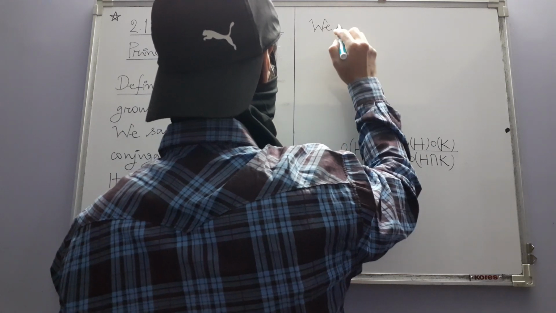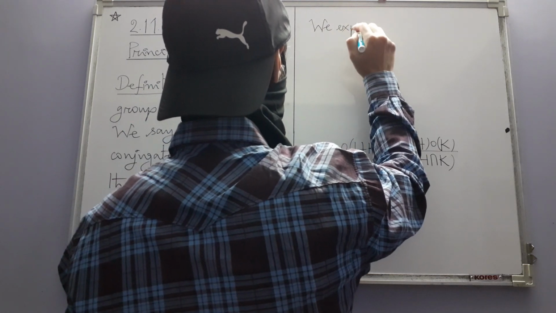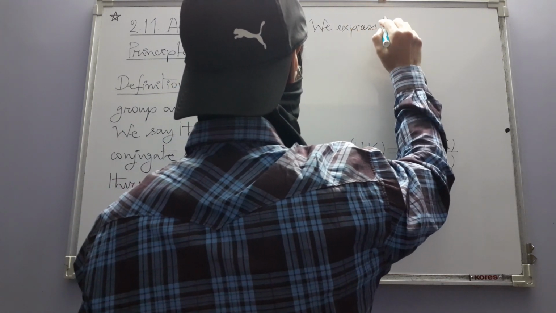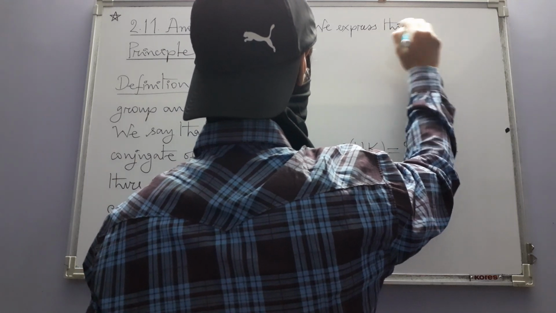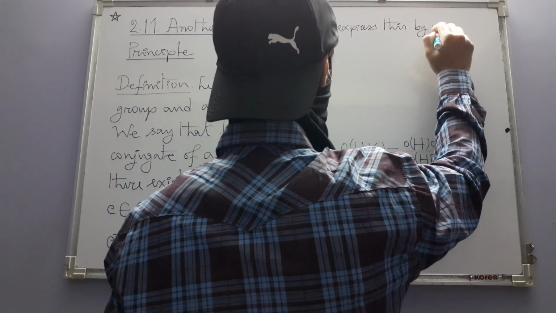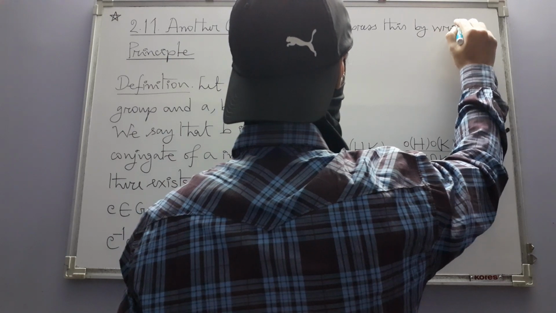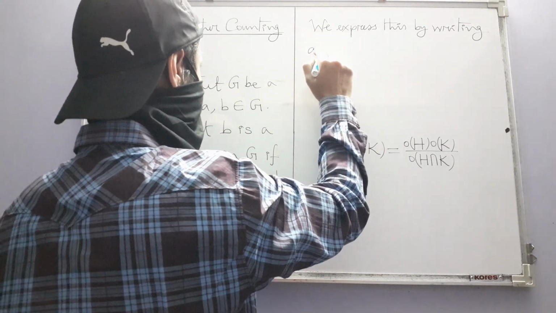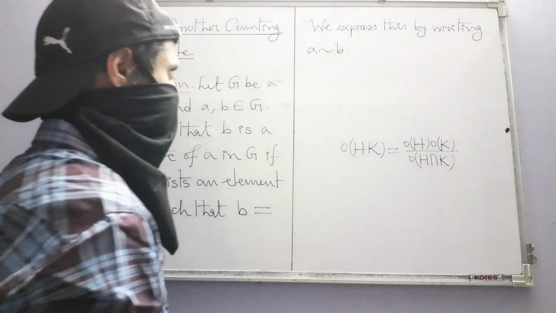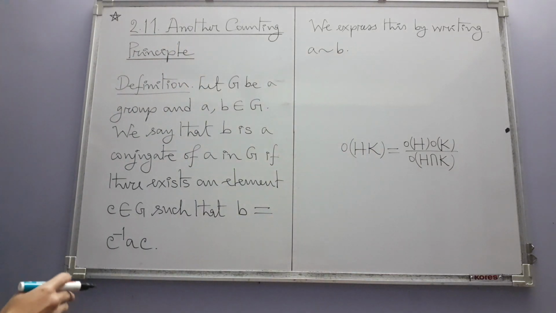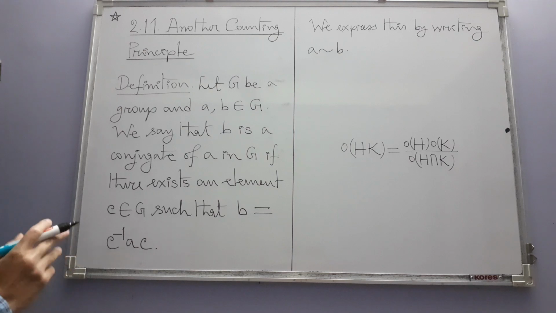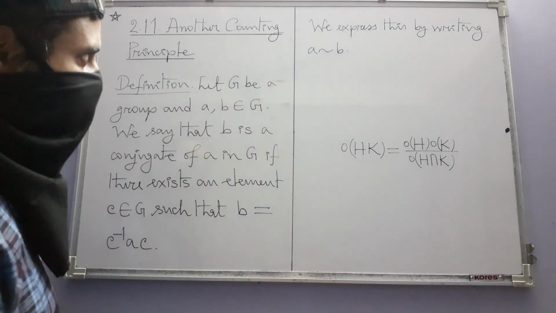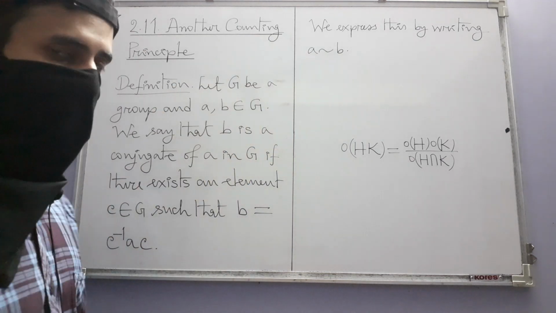We express this by writing this symbol. That is, when B is conjugate to A or B is a conjugate of A, then we express that fact by writing that symbol.